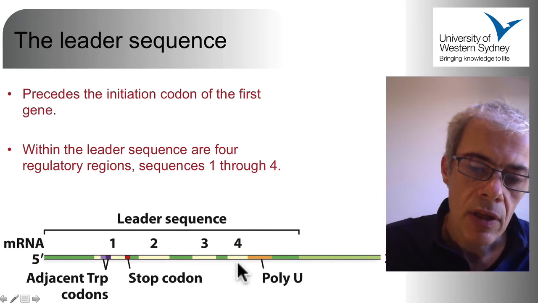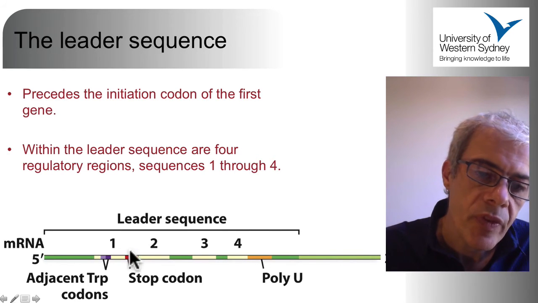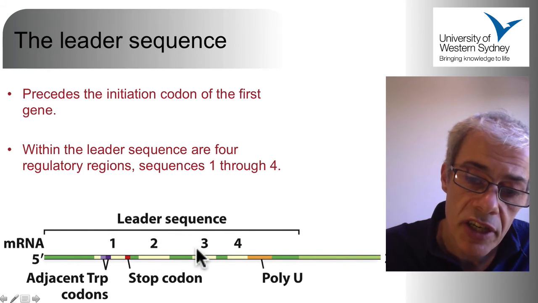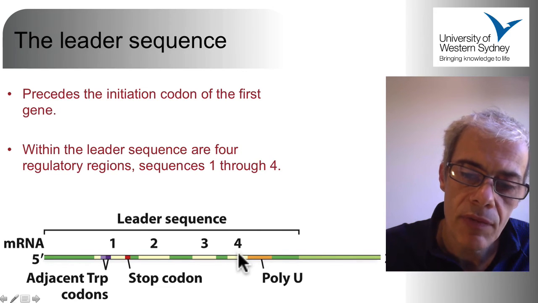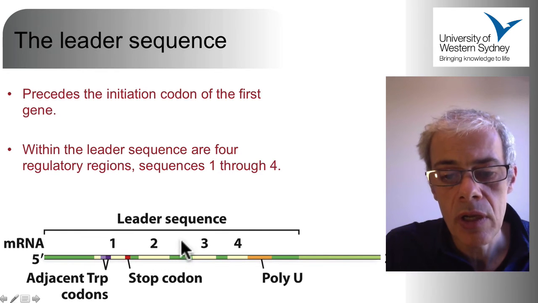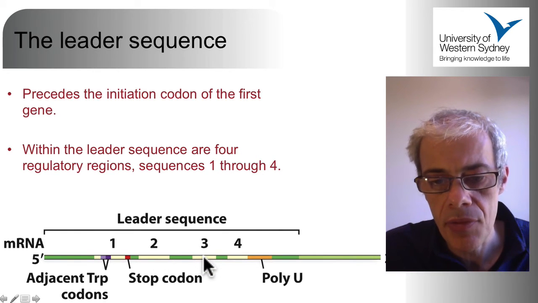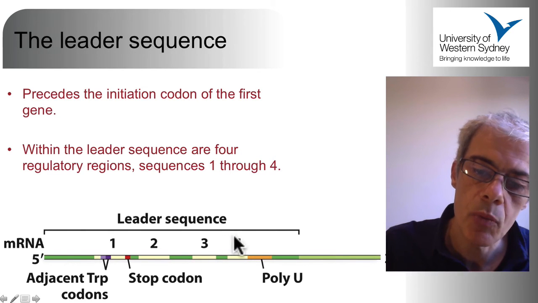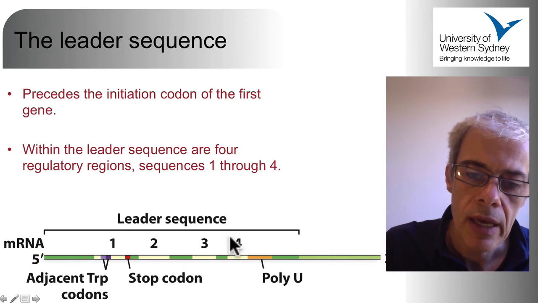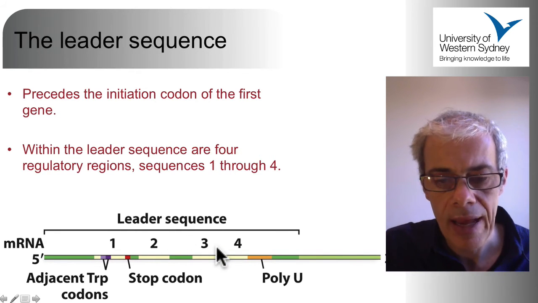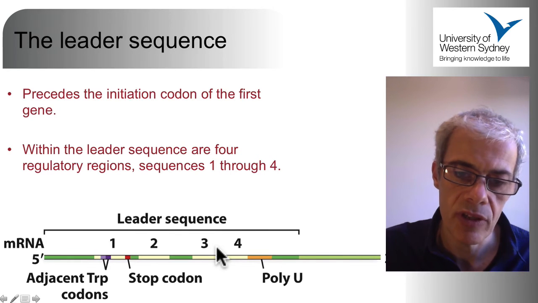These yellow sequences here are the 4 regions. These regions are GC rich and they can form hairpin loop structures between themselves. So region 2 can form a hairpin with region 3, or region 3 can form a hairpin with region 4. And depending on which hairpin forms, you either allow transcription or stop transcription.